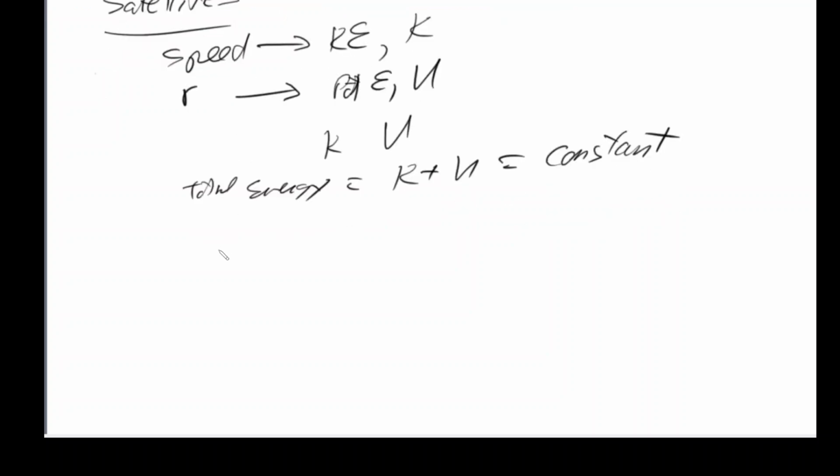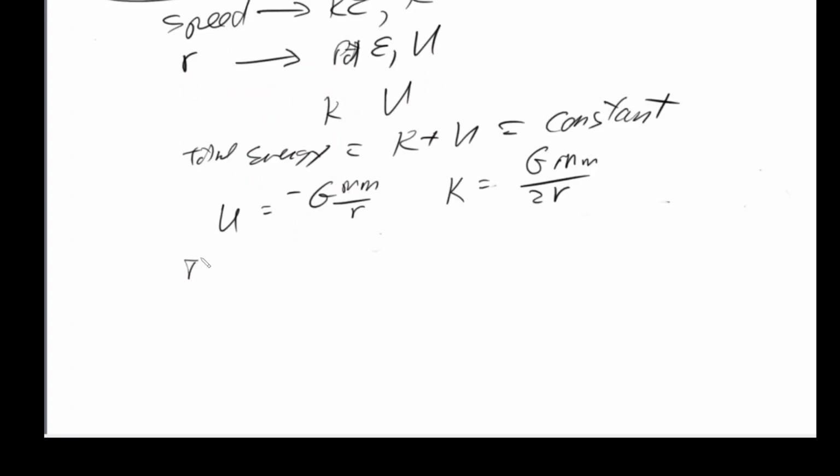So we know that U is equal to minus G M m over r. We can also derive that kinetic energy is equal to G M m over 2r.